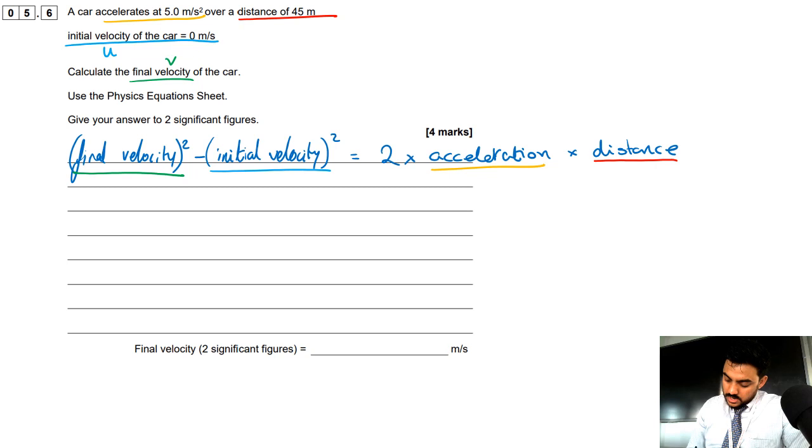Acceleration always has the symbol a. Distance is a funny one because it doesn't have any of those symbols. It has a symbol s.